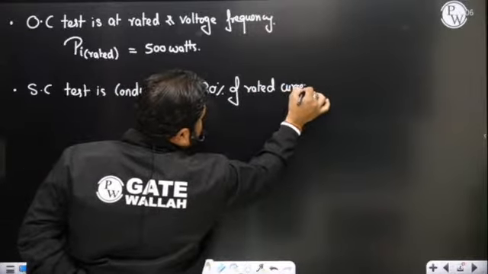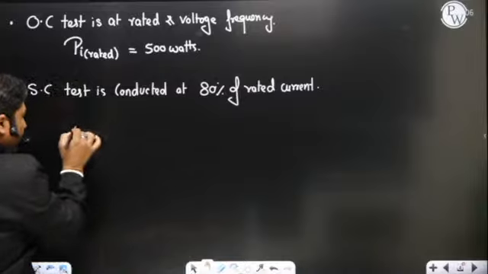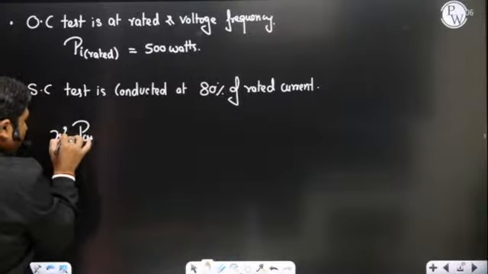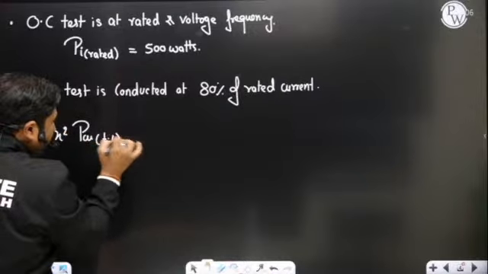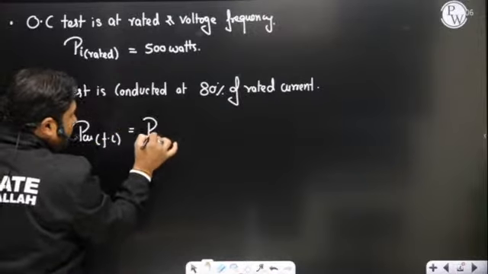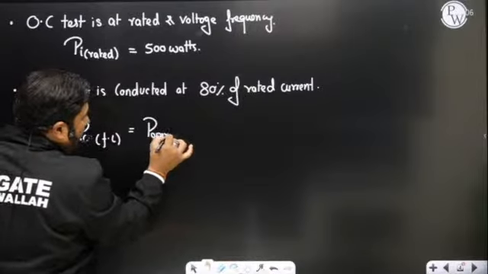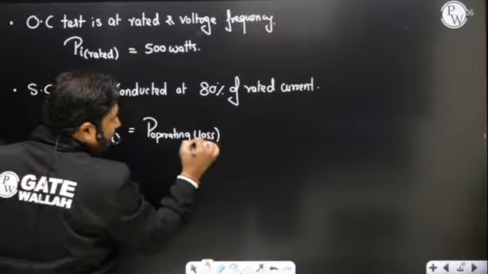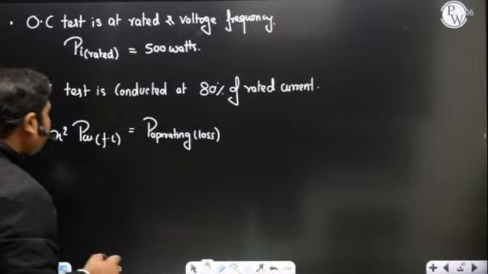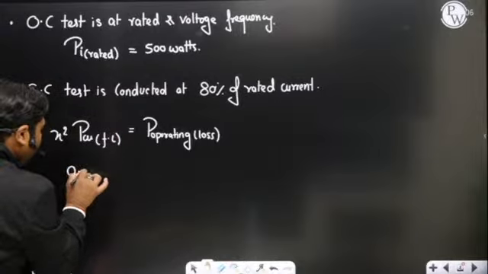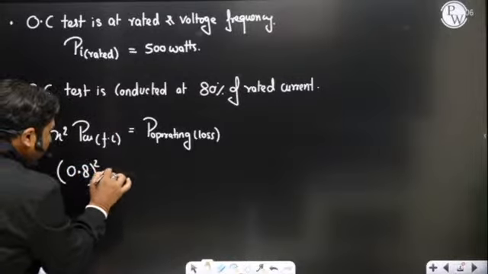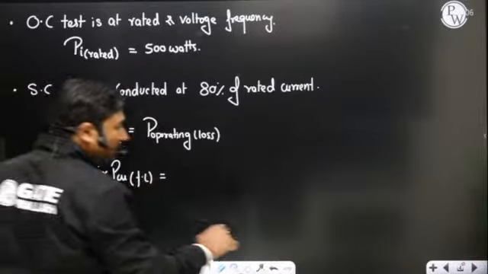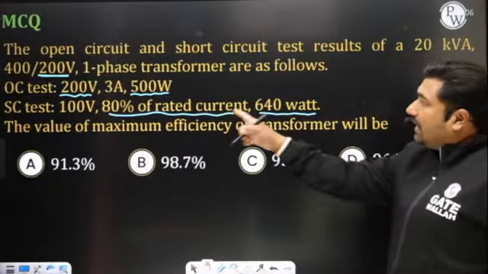Very important information is coming from here: we know that x squared times P_cu,FL is the operating copper loss, where x is the loading factor. So 80% of full load means 0.8 squared times P_cu,FL.